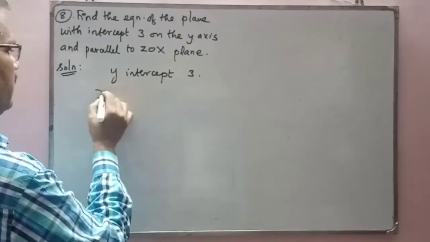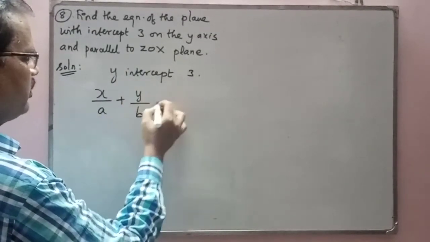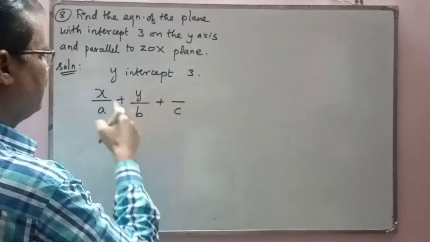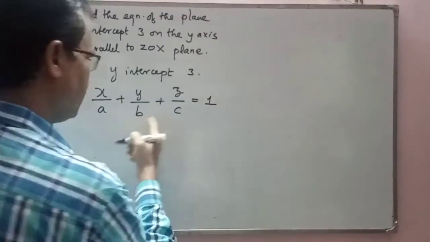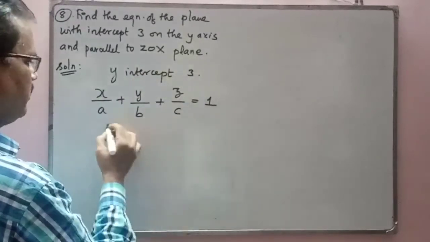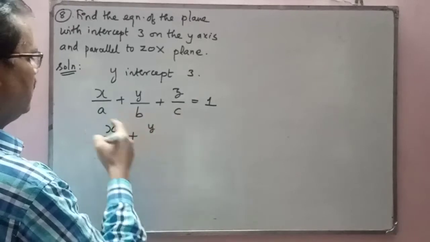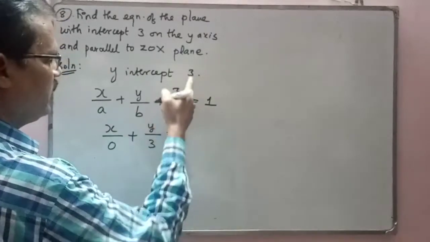So we'll write the intercept form of the plane equation: x by a plus y by b plus z by c is equal to 1. Now you are given the y-intercept 3, and we will not be having the x-intercept and z-intercept, so I am writing only the y-intercept.